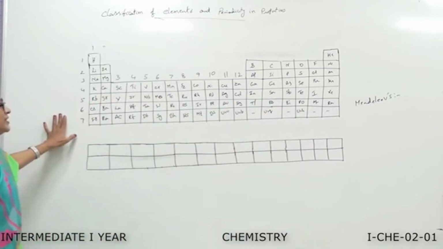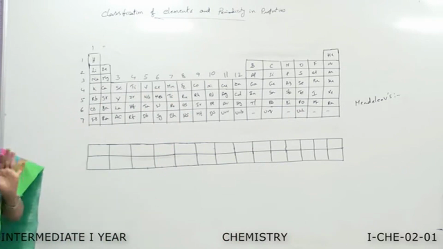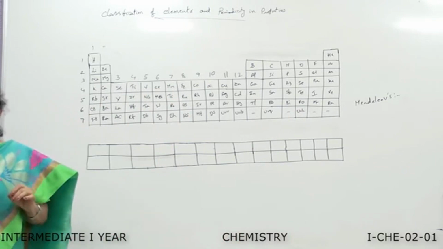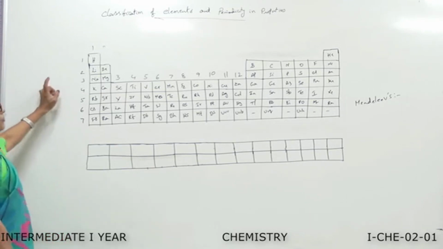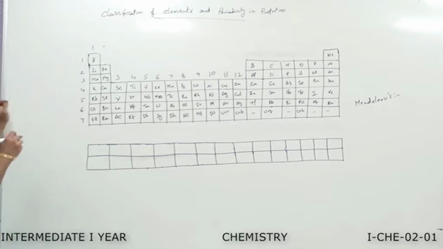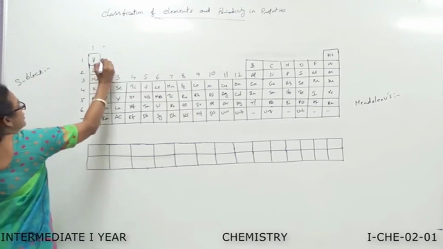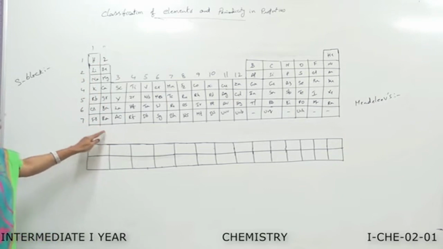And these elements are classified on the basis of the differentiating electron. If the differentiating electron enters into the s orbital, then those elements are called s block elements. First and second group elements come under this type.